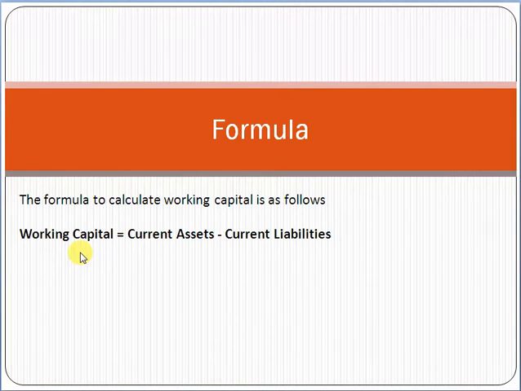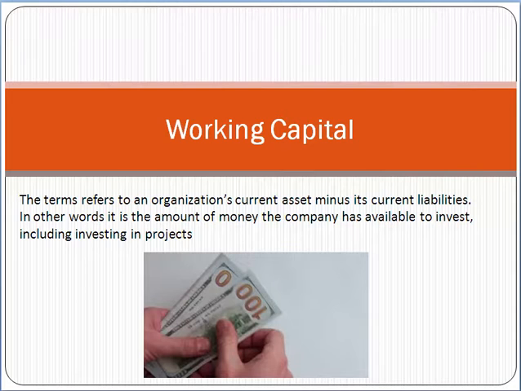You can't say that if you have $5,000 in your bank account, this is your working capital. Working capital will always be calculated by subtracting the liabilities from the assets. Working capital is the amount which is available, which you can invest. So the amount which is in your hand is called the working capital.